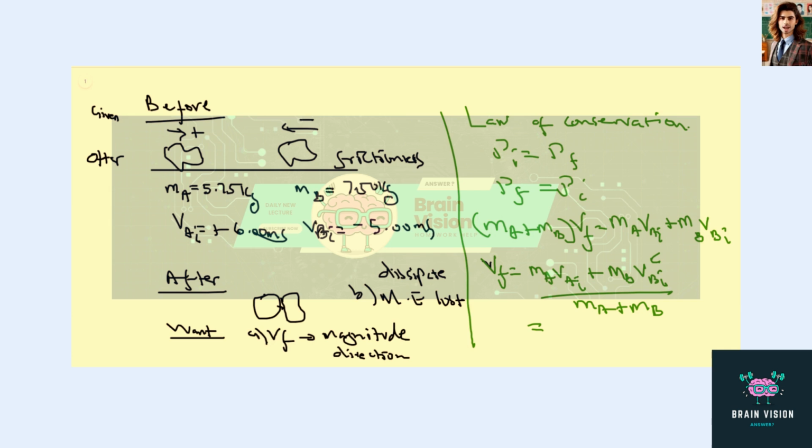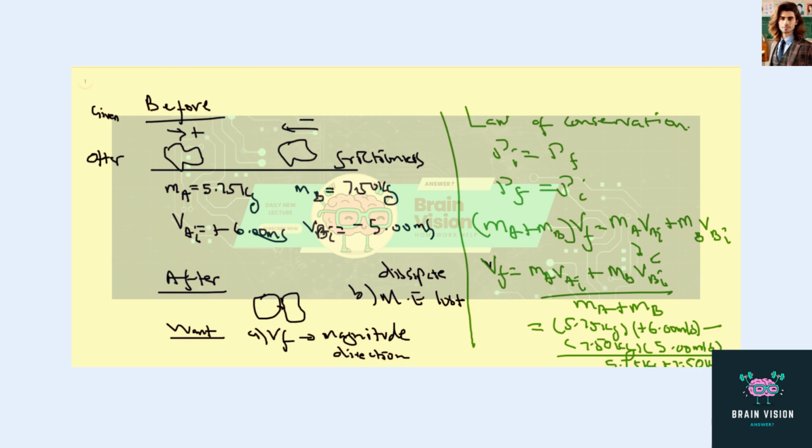So we have 5.75 kilograms times positive 6 meters per second, minus the mass of the second one, 7.50 kilograms, times 5 meters per second. We already dealt with the minus, and you want to divide all of that by the sum of the masses of the two otters, so 5.75 kilograms plus 7.50 kilograms.